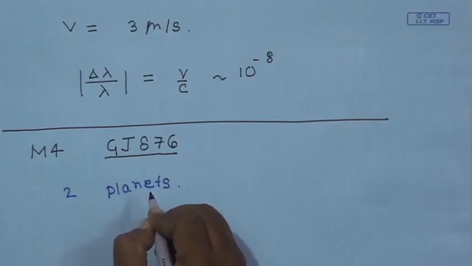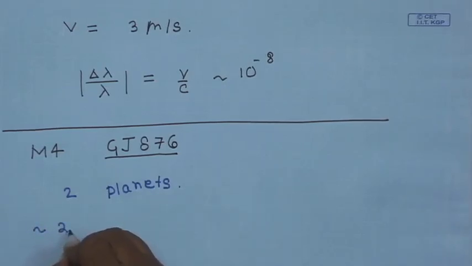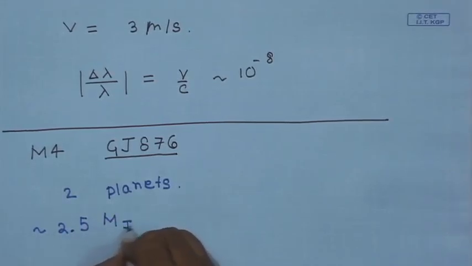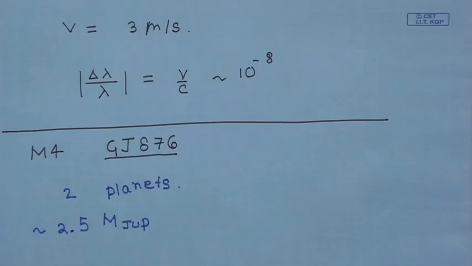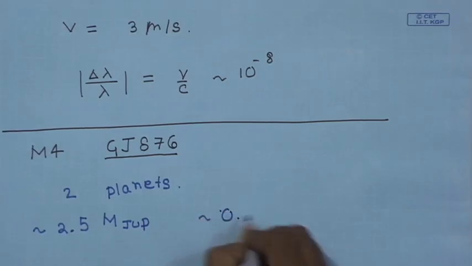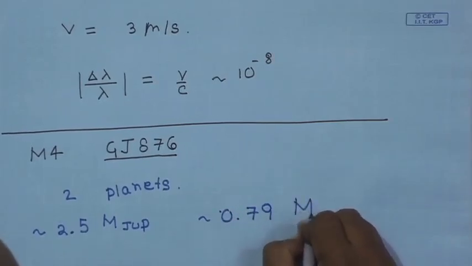of masses. One of the planets has a mass approximately 2.5 times the mass of Jupiter. Jupiter, remember, is 1000 times less massive than the Sun, and the other planet has a mass of approximately 0.79 mass of Jupiter.